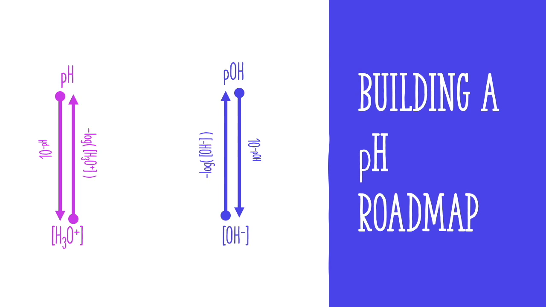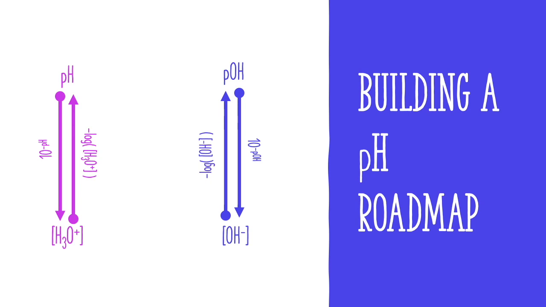In the previous video, we talked about how to convert between pH and hydronium ion concentration and also pOH and hydroxide ion concentration. If you look at how I've had these set up right here, you can see that I've got an arrow pointing from pH to hydronium ion concentration, and there's an equation on that arrow in between there, and that's the equation we use to convert from a pH to hydronium ion concentration.